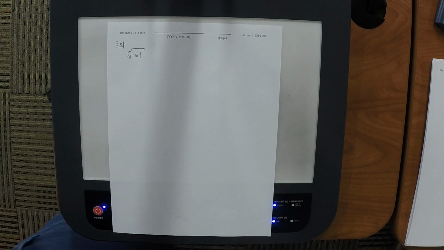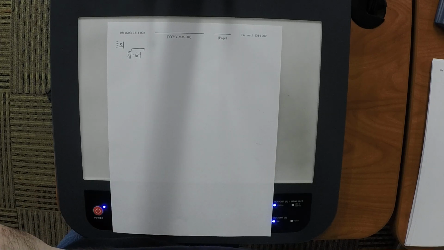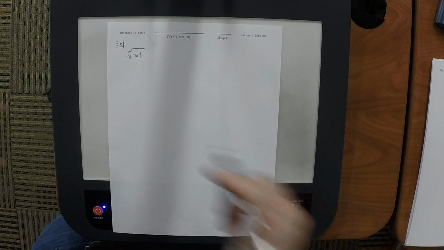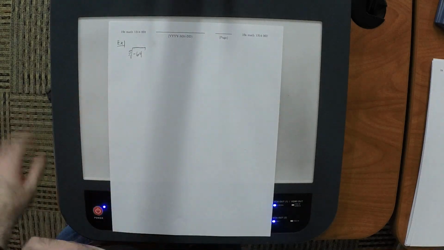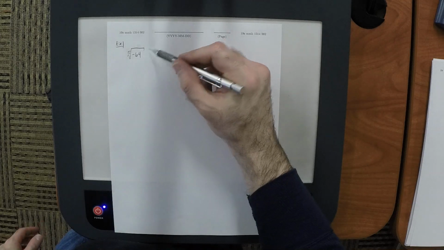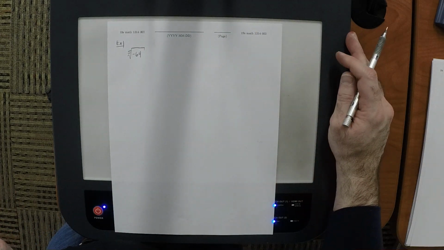Okay. So in my mind, the first thing that pops out is that we're talking about a radical. I can see this square root looking symbol. That thing's called the radical symbol. And I can see that the input is negative.